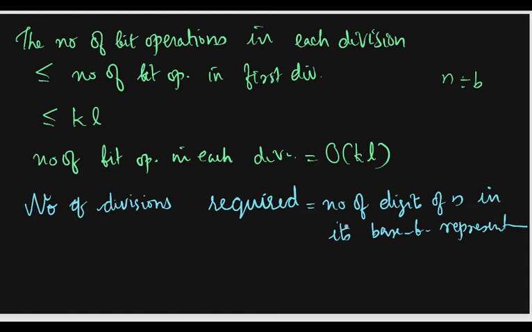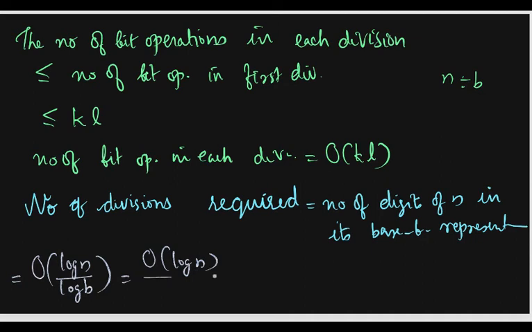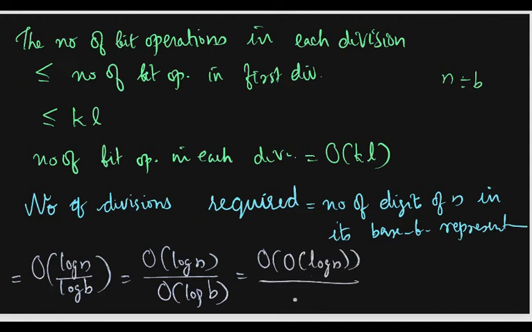And we know that the number of digits of n in its base b representation can be expressed as big O of log n by log b, and that is equal to big O of log n by big O of log b, using the property we just proved.